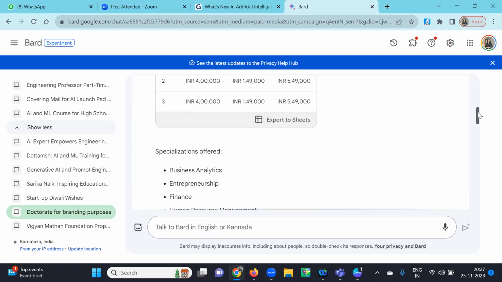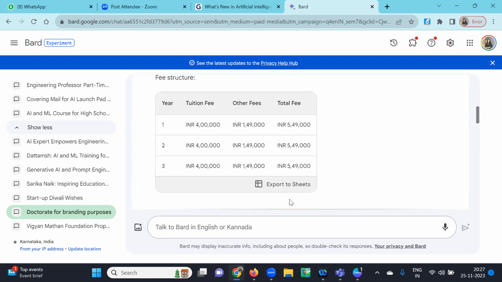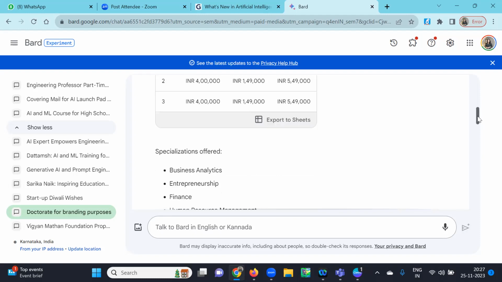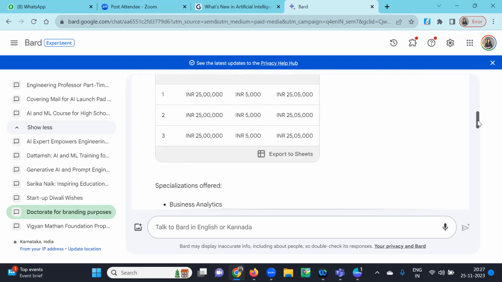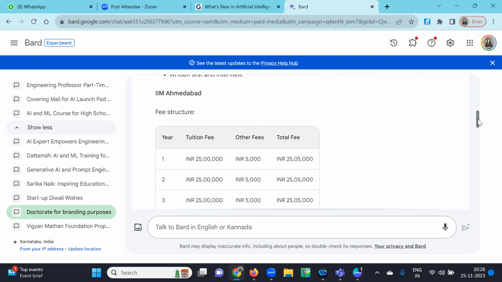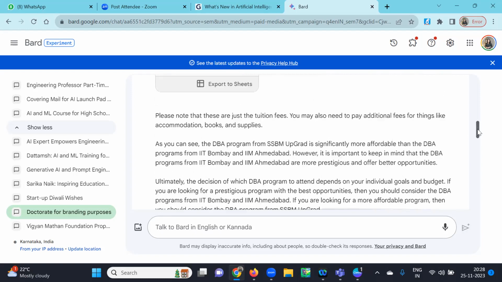Then it gave the fee structure very neatly. We can export it to Google Sheets for our verification. So we can see now what are the costs involved. It definitely searches through Google and generates this content. So you can see, IIM Ahmedabad is charging 25 lakhs plus 5 lakhs. So based on this, we can take a decision.